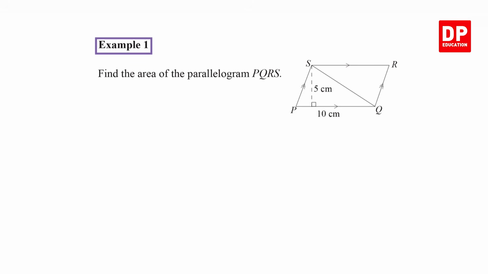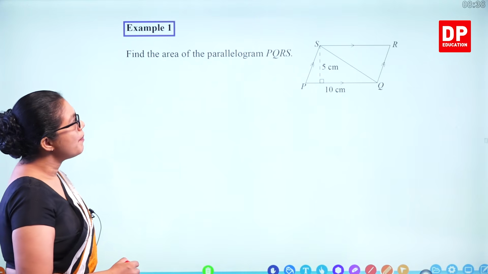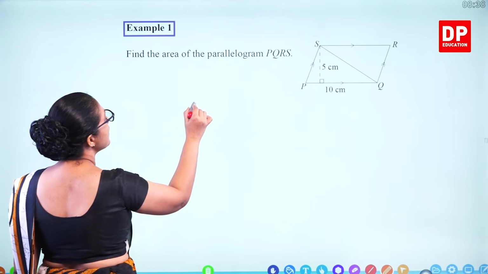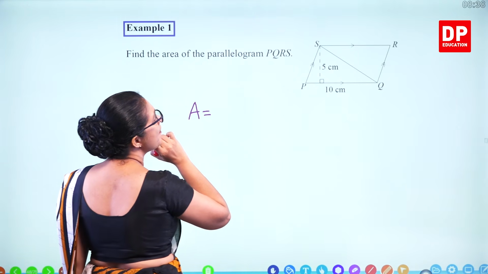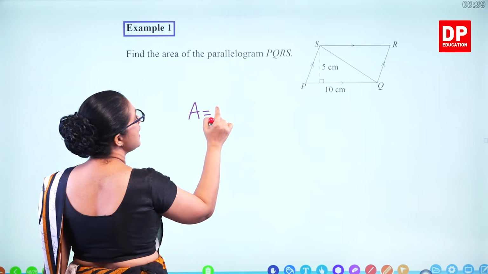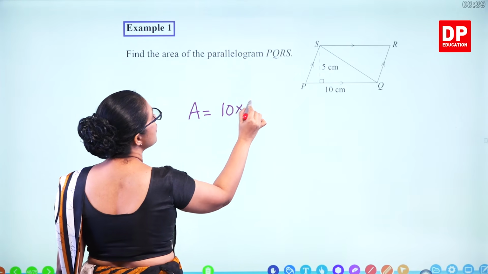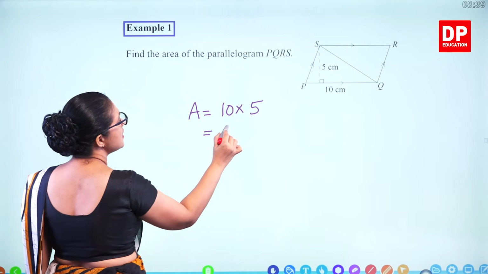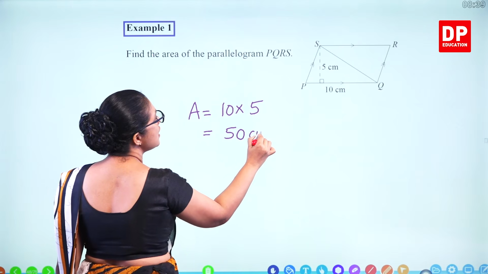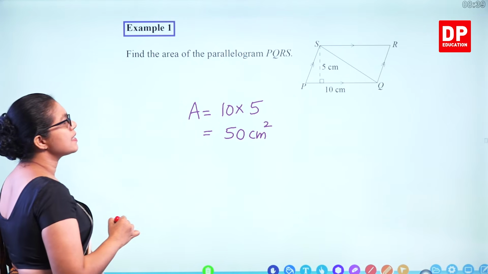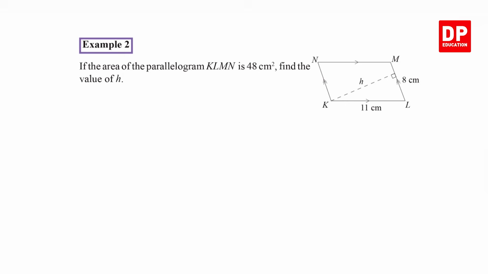Example number 1. Find the area of the parallelogram. So what's the area of the parallelogram? Base into perpendicular height. Here base is 10. Perpendicular height is 5. 10 times 5, 50 square centimeters. Example 2. Find the area of the parallelogram KLMN.